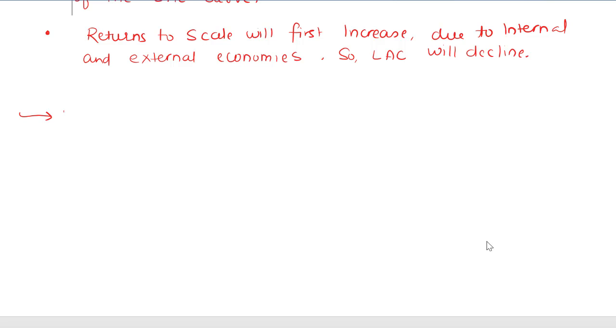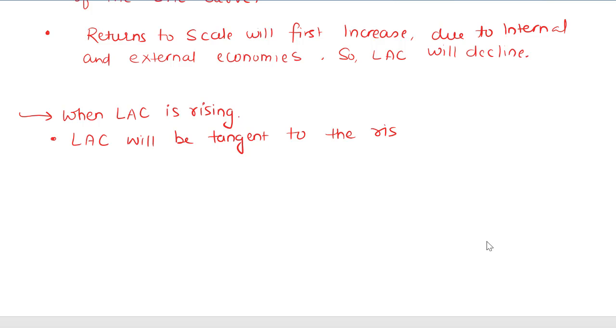Next is when long run average cost curve is rising. When long run average cost curve is rising, in that case, the long run average cost curve will be tangent to the rising portions of the short run average cost curves, SAC curves.